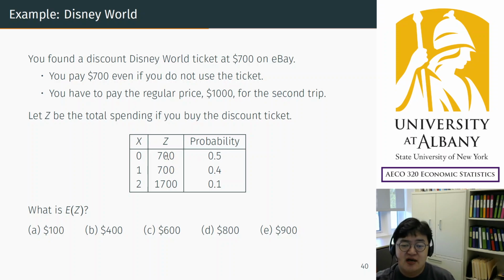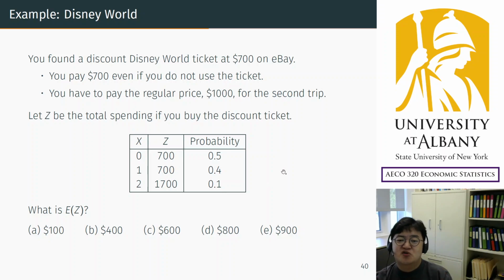So 50%, I spent $700. If I go to Disney World once, then the ticket I bought on eBay is sufficient. So $700 is my final spending, 40%. But when I go to Disney World a second time, then I have to pay the regular price, $1,000. So the total will be $1,700 with 10%.